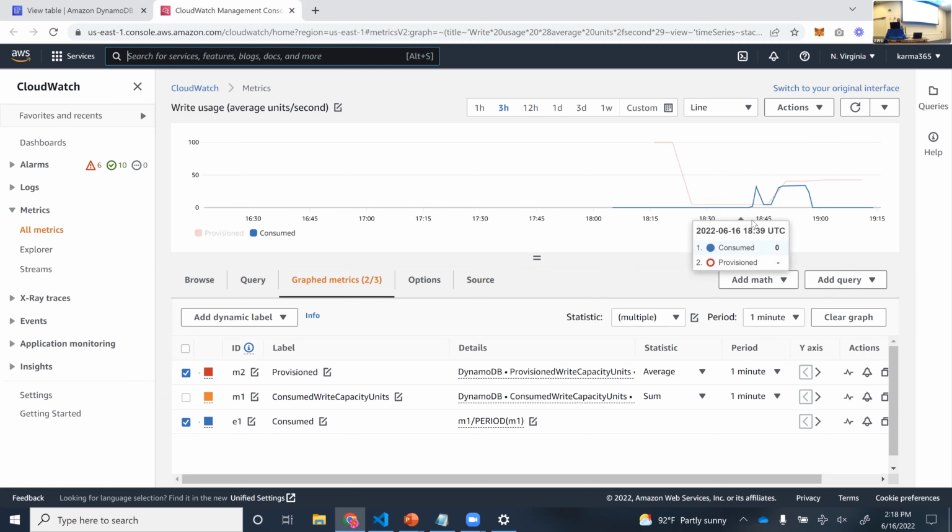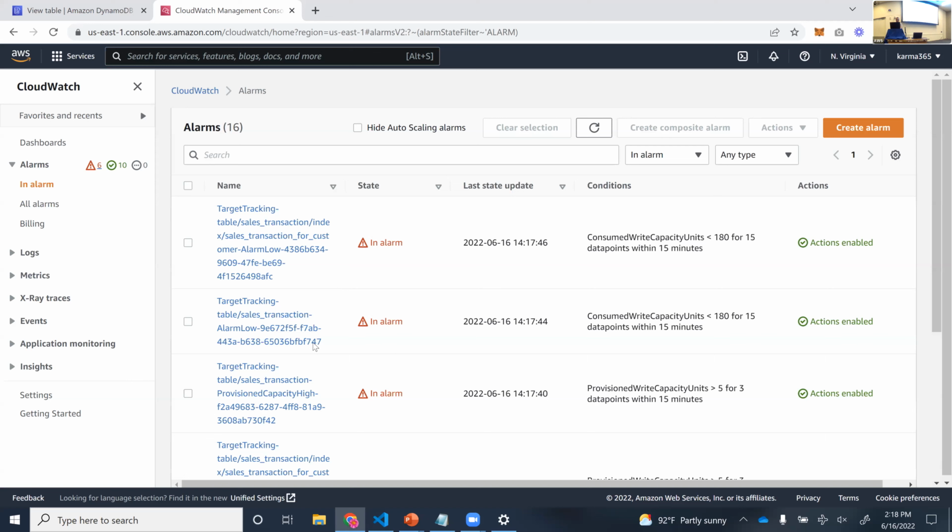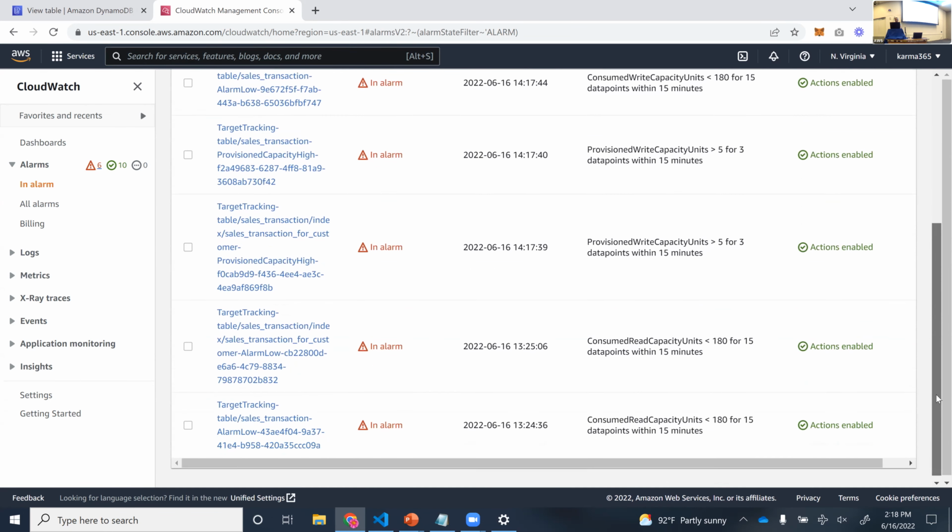So it doesn't mean that if the graph went up, your request was throttled. You might have actually got the request fulfilled by the burst capacity that was available to you. We can look here in the alarm and see if there was throttling. You see these were the alarms that were triggered.